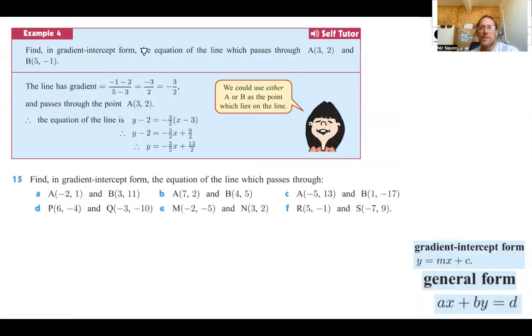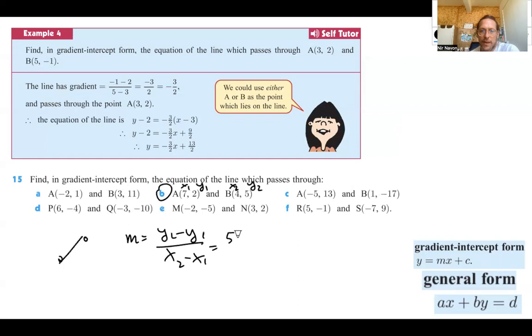If we have 2 points, how can we find the equation of a line? Once we have 2 points, we find the gradient. Once we have a gradient and a point, we know how to find the equation of a line. We just saw that. Let's solve this. First I need to find the gradient, where this is x1, y1 and x2, y2. The formula for gradient is (y2 - y1) over (x2 - x1).